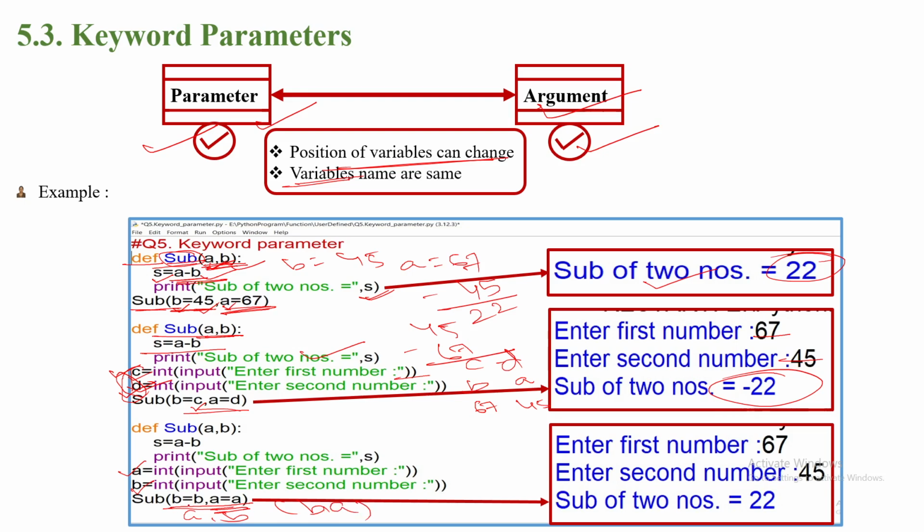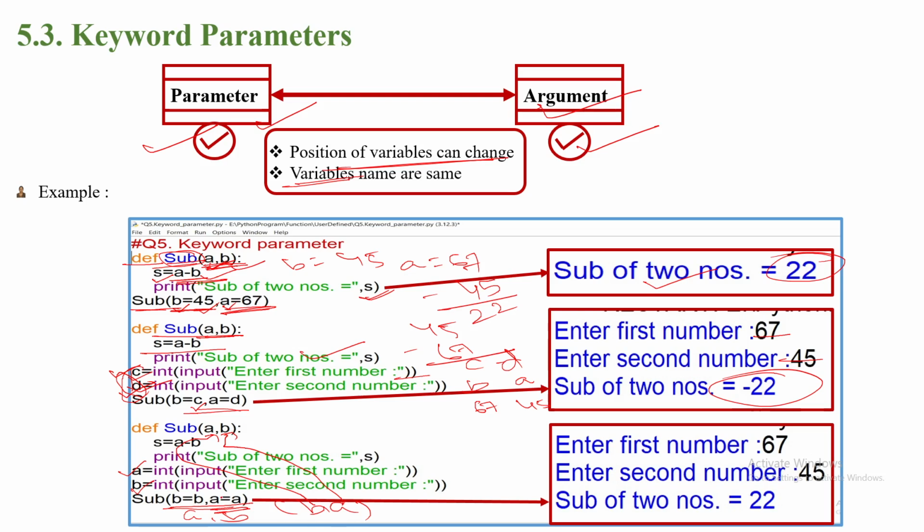Don't write like this. If you write b comma a, then this b value will come to the a place, and this a value will come to the b place. That means it will work just like a positional parameter.